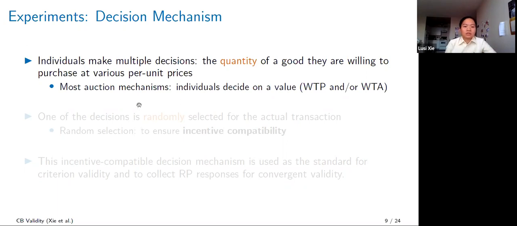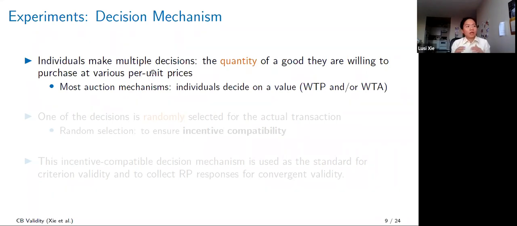We couldn't use what people have used before because in auction mechanisms, individuals usually decide on their willingness to pay or willingness to accept, but it's always the value. And for the research objective, we want to elicit preference towards quantities. So we need to design a new kind of mechanism.